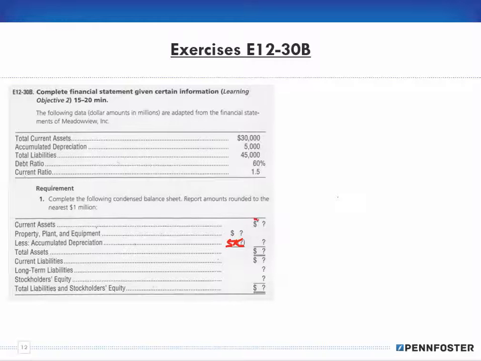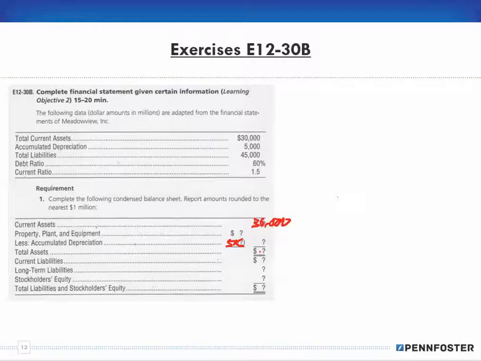Let's make this the 30. And I have total assets, so my total assets, long-term.